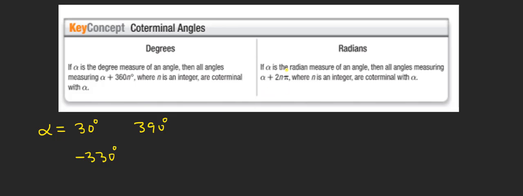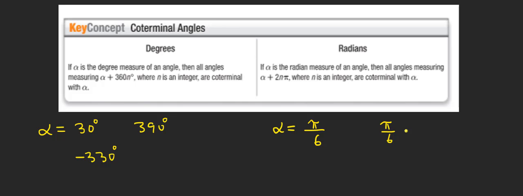Now what about if alpha is in radians? Let's say alpha is pi over 6, which is the same thing as 30 degrees if you change it to degrees. Now, in order to get other coterminal angles with alpha in radians, instead of adding or subtracting 360, you could add 2 pi or subtract 2 pi.